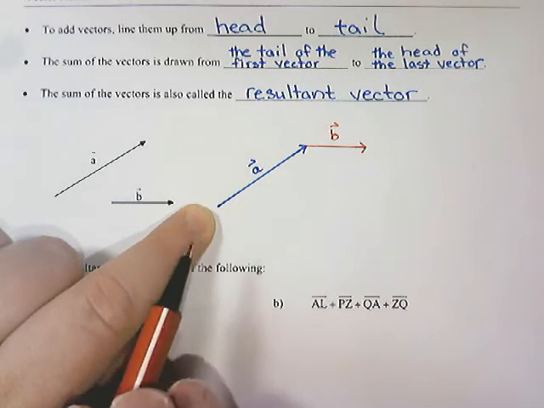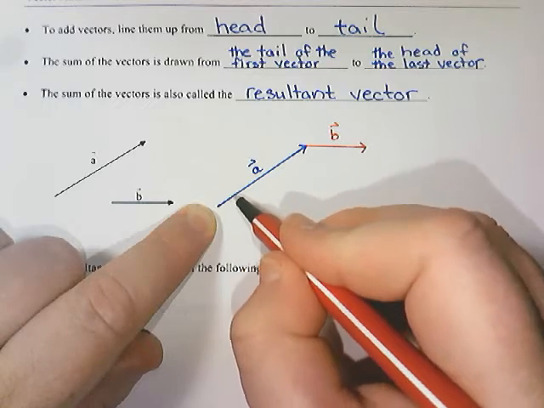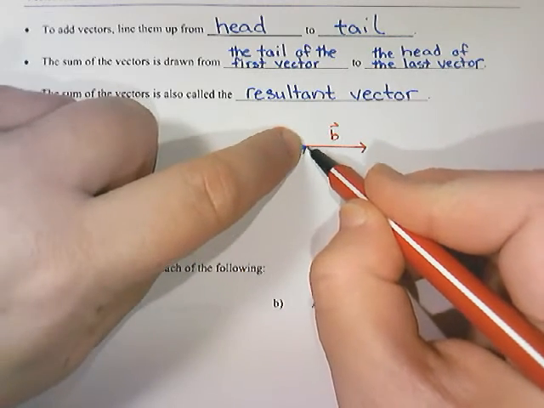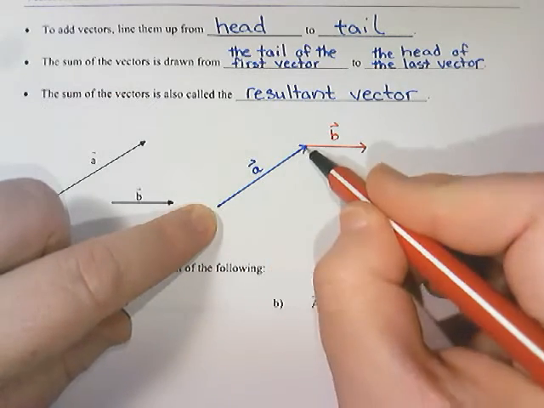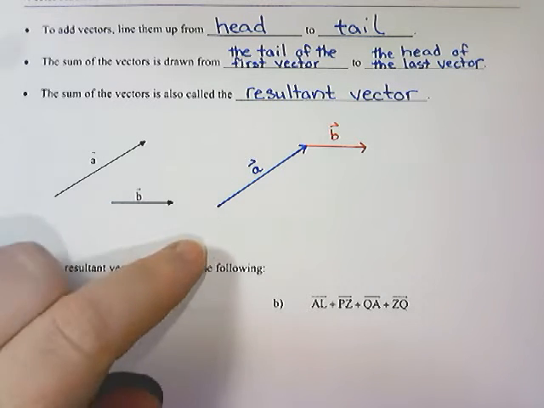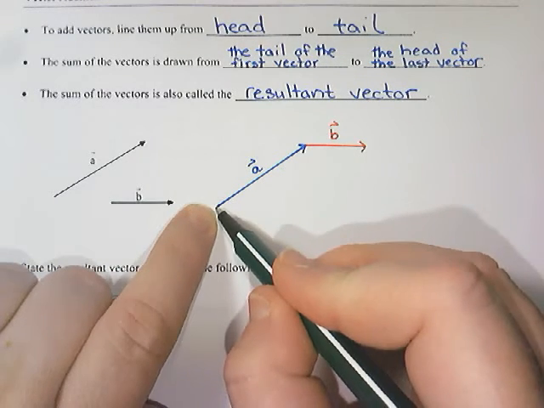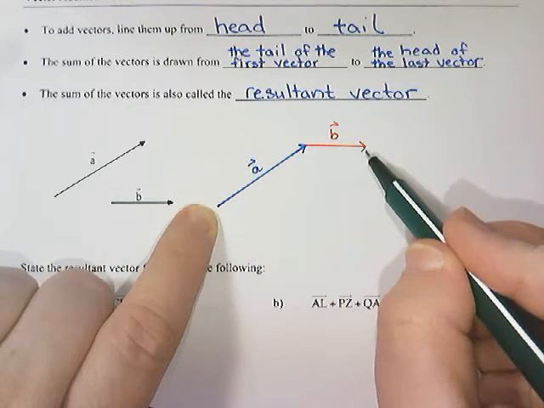It's like being on a people mover at the airport. You're going to get on, it's going to take you all the way here, and then you're going to end up going all the way here. So you're just following the arrows on your path. So my resultant vector, or the sum of A and B, is going to be basically the shortcut from where we started to where we finished.